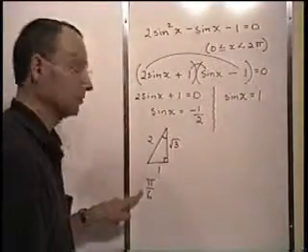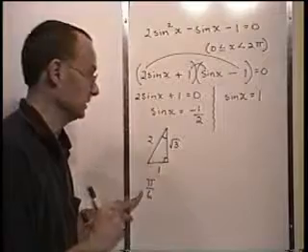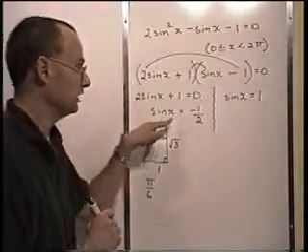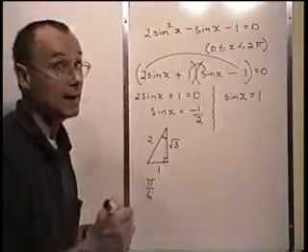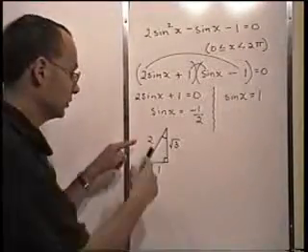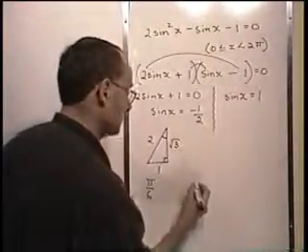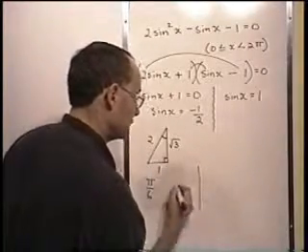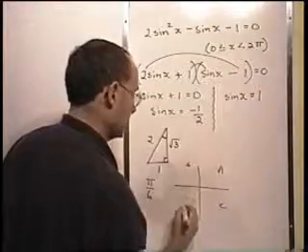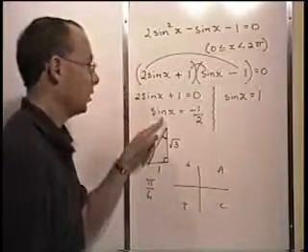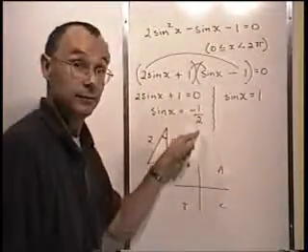Now, this angle, of course, is not a solution because this angle produces a sine of positive 1/2, but we want negative 1/2. So in order to solve that, I have to look, using the CAST rule, at which quadrant I need to be in. I want a sine that's negative.